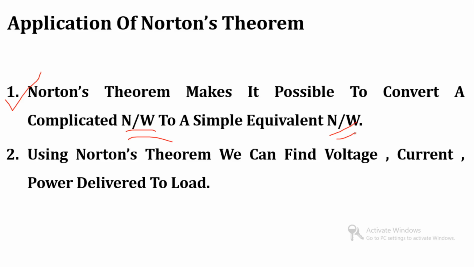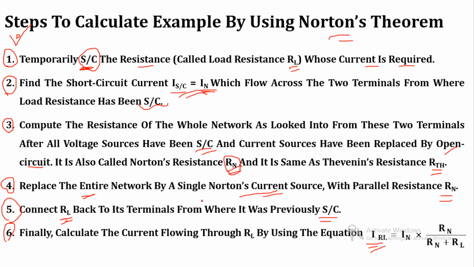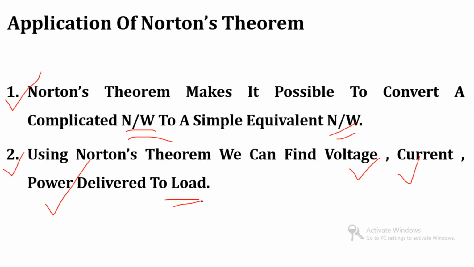Second, by using Norton's theorem we can find the voltage, current and power delivered to the load with simple calculation. These are the applications. These drawbacks and applications also apply to Thevenin's theorem.